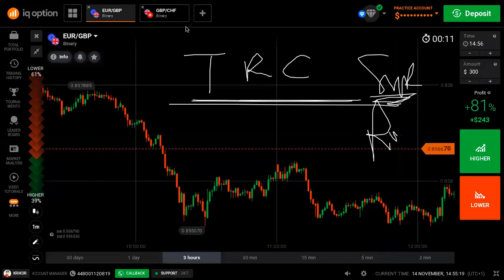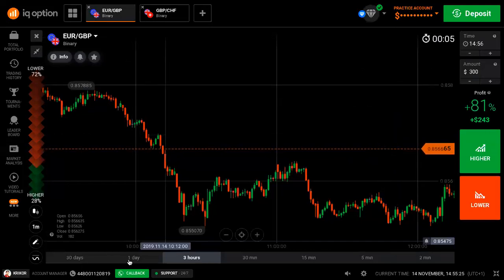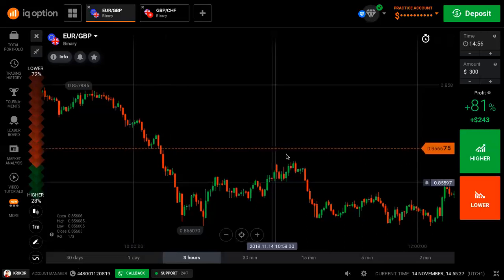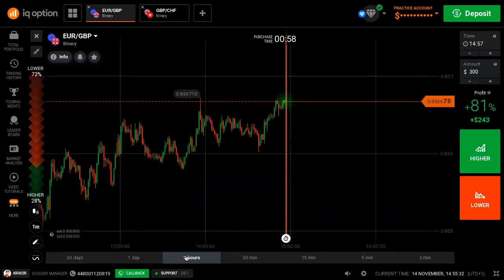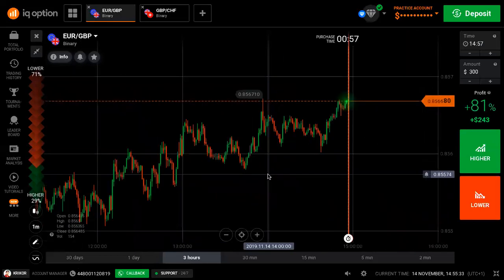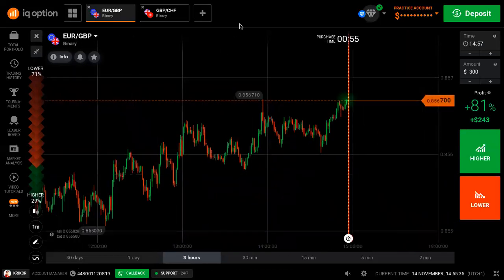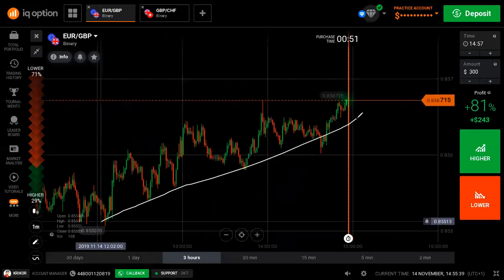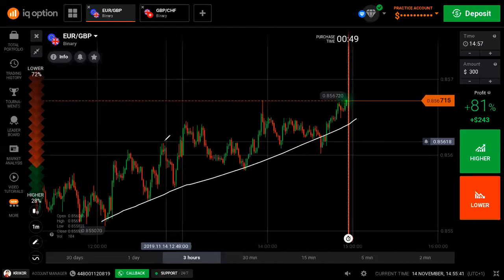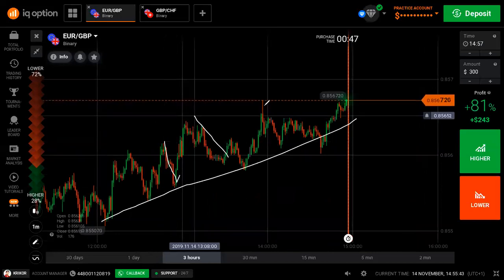At that point, you go to your 3 hours. The 3 hours give you an idea of the trend. Because of this one, you are seeing an uptrend. So, in level trading, don't trade against the trend.